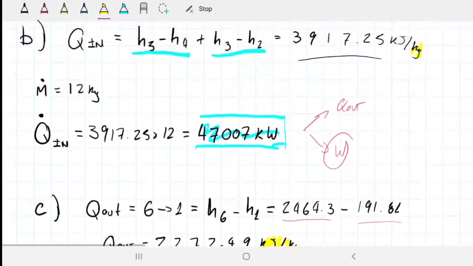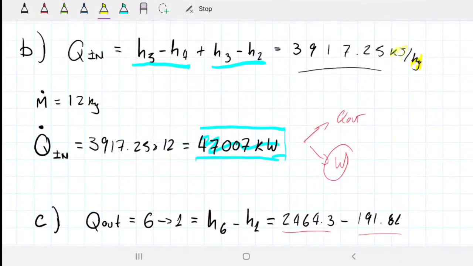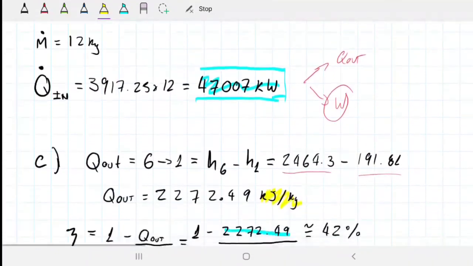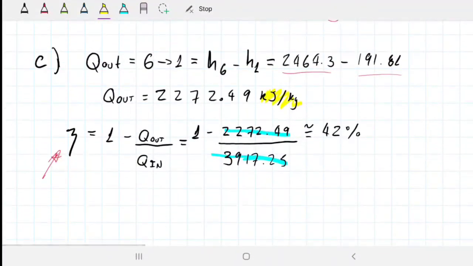So you must use the 3,900 because this is also in kilojoules per kilogram. Right, so Q out is 2272, Q in is 3917, and with that we get an efficiency of about 42%. 41.987% is what I got.